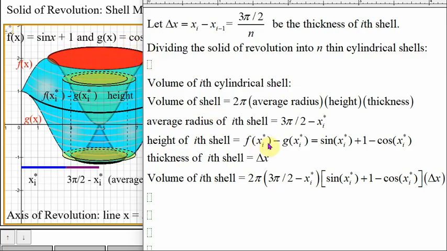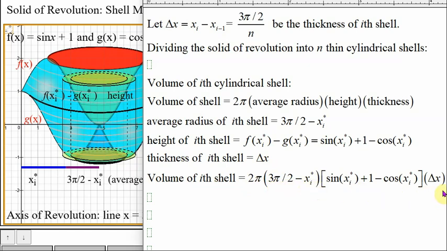And so f of x sub i star minus g of x sub i star will be sine of x sub i star plus 1 minus cosine of x sub i star. Let's make the shells all the same thickness and call it delta x. Instead of delta x sub i, we can just use delta x.